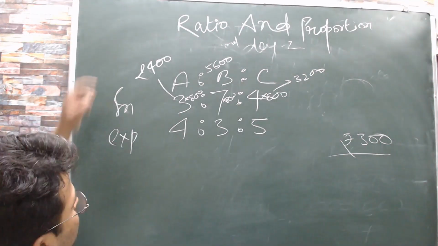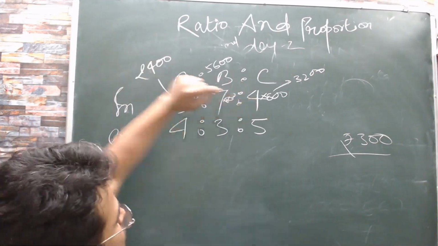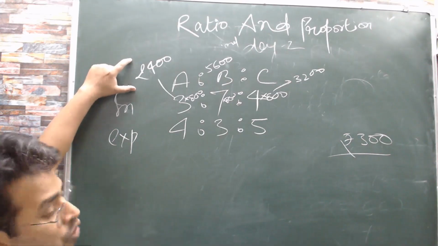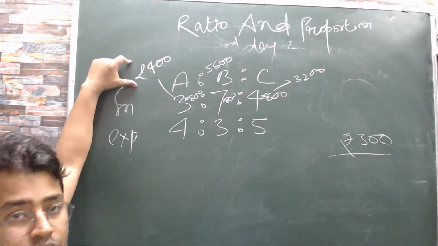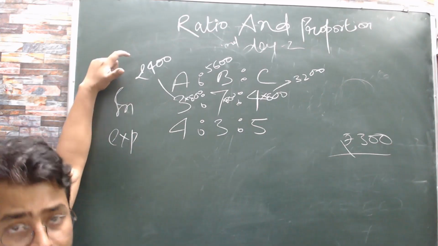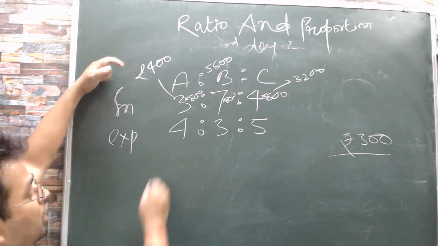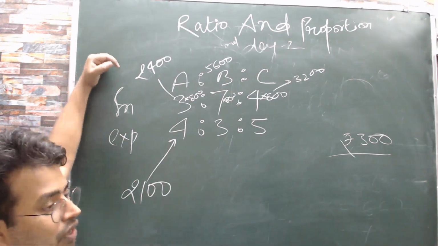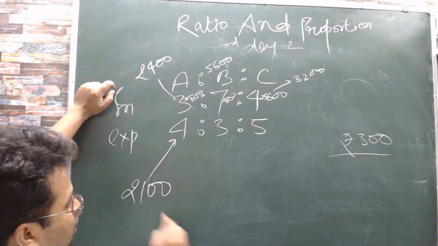Now we got the income. Now the question is saying that A saves 300 rupees. So if A saves 300 out of 2400, then what is his expenditure? 2400 minus 300, 2100. So this 4 must be 2100. How can you make this 4 into 2100?